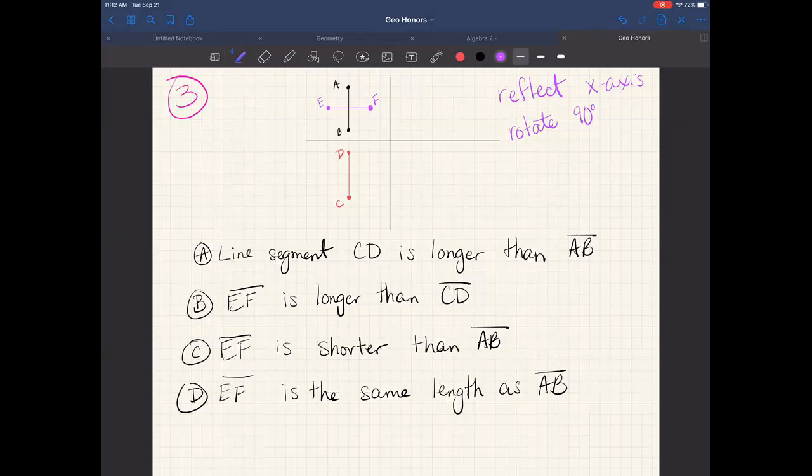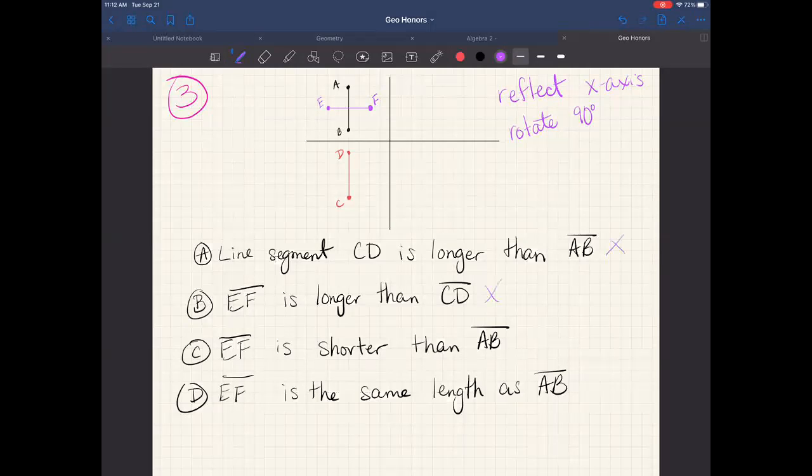Now, the transformations that were done are a reflection and a rotation. There's a third one, and those three are called what? Kaylee's correct. It's rigid motion, right? So when I do rigid motion, does my size change? No. So it can't be longer.